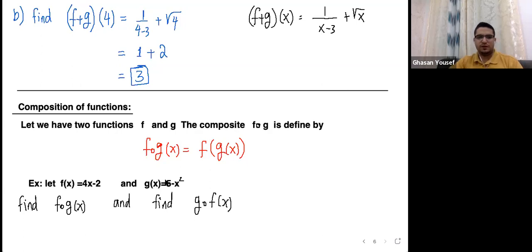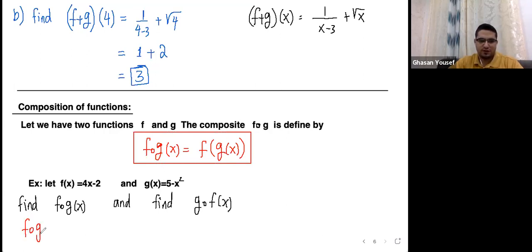Who will do the first one? Just apply this formula. f circle g of x, what is that equal to? As we see here, the formula is f of g of x, but I need someone to plug the function g of x inside the parentheses.